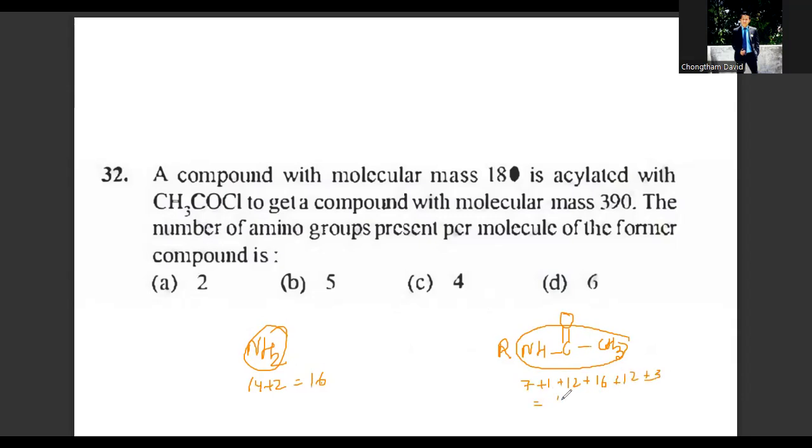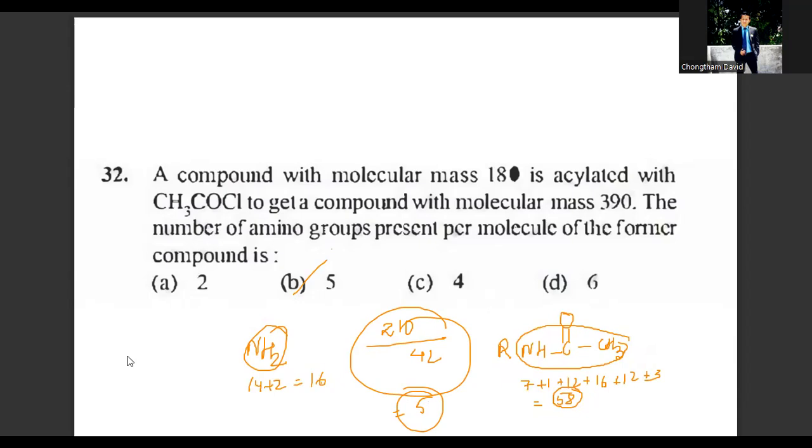I hope when you calculate the answer will be 58. So since the molar mass increases by 42 units as a result of the reaction of 1 mole of ethanoyl chloride with one NH2 group, and the given mass increases by 210, you can easily find the answer according to the question. 210 divided by 42, the answer will be 5. So the answer will be option B.